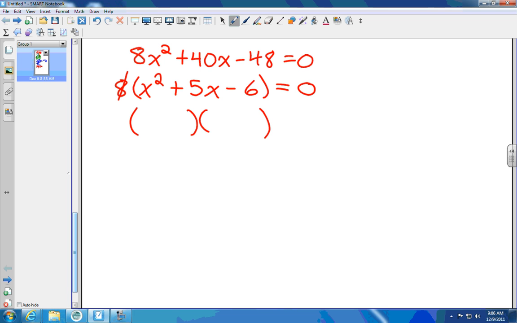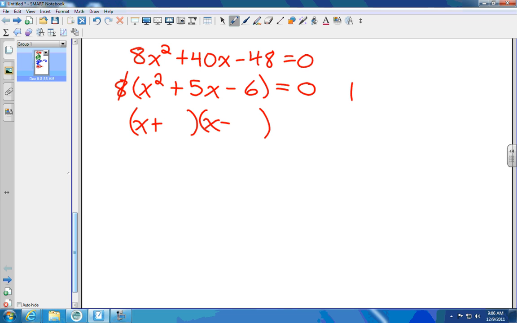Step 3, trinomial, that's where we're at. And what will your signs be on this one? Different. And since there's no numbers in front of the x, you can go ahead and put them in, plus, minus. And we need factors of what? 6 with a difference of 5.